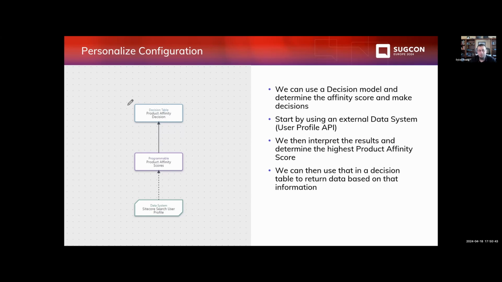You could return those back to the front end, or in my case, I have a decision table set up the same way as my first use case, which gets the most product affinity. So it could be Sitecore Search, for example, and then it returns back a title, description, and image, or whatever you want to do. And then that could be surfaced in a web experience on our front end.